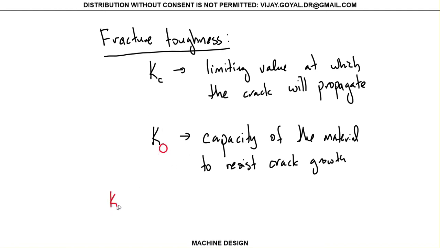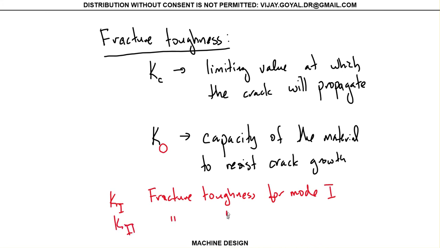So for instance, if I have K1, this is fracture toughness for mode 1. If I say K2, this is fracture toughness for mode 2. And same for K3, this is fracture toughness for mode 3.